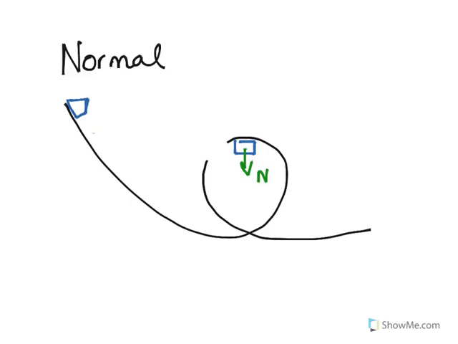For instance, if there is no track here anymore, then this goes towards another point. Being a track there will make this remain in its circular motion. That's an example of a normal being a centripetal force.